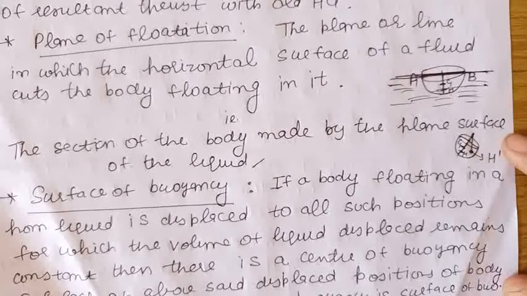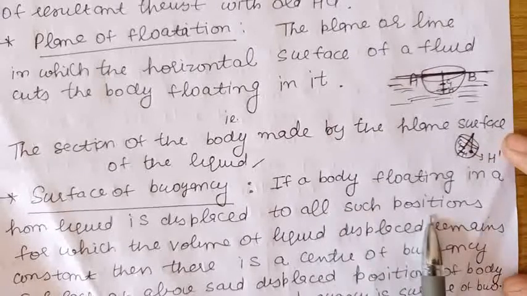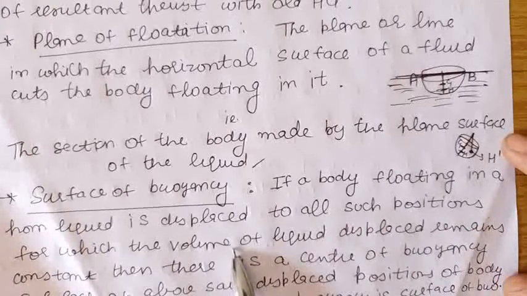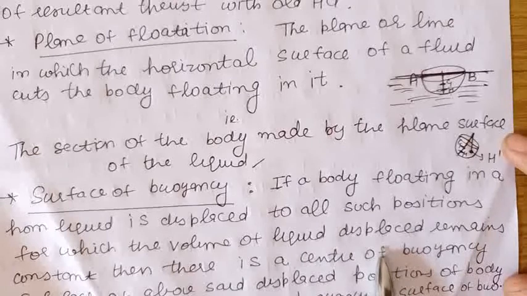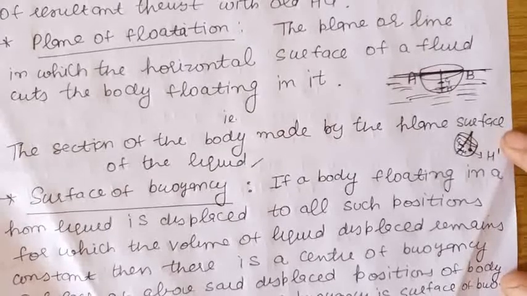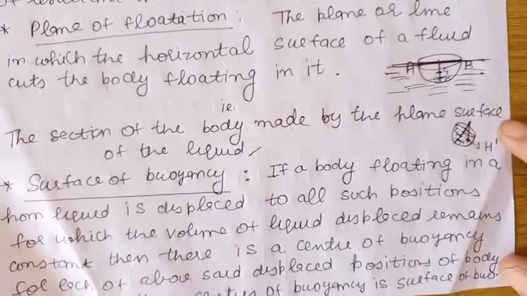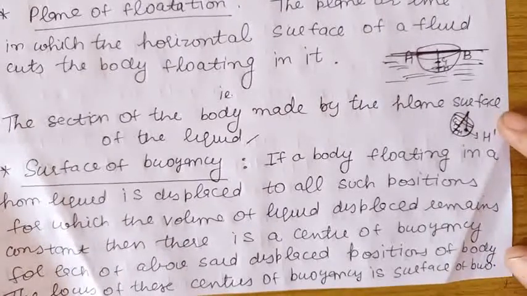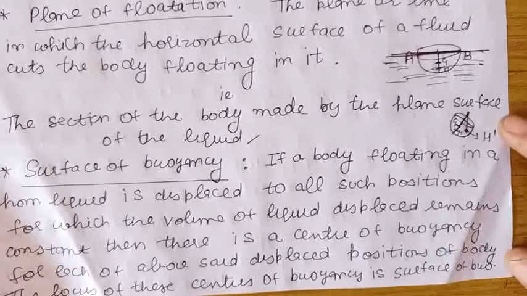So if we consider all such positions for which the volume of the liquid displaced remains unchanged, then what will happen? We will have a center of buoyancy for each of the above displaced positions of the body. So the locus of these centers of buoyancy is called the surface of buoyancy.